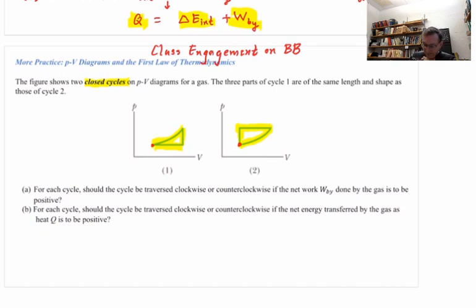For each cycle, should we traverse the cycle clockwise or counterclockwise if the net work, W by, done by the gas is to be positive? You see, with each experiment, you start at the lower left corner, you could traverse the experiment clockwise.